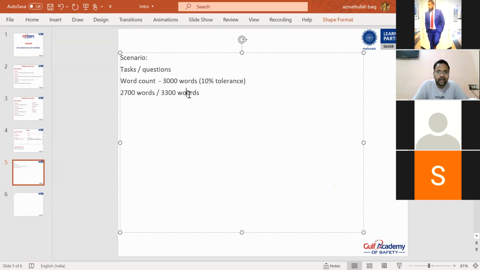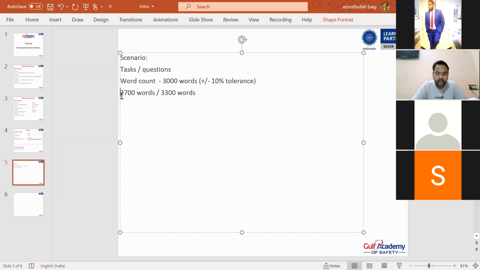So you can write the answers between 2,700 and a maximum of 3,300 words. Is it clear? Yes, sir. Plus or minus 10% tolerance. So 3,000 words, minimum 2,700 and maximum 3,300 words. This is what you have to write for all the answers, not for each and every question.